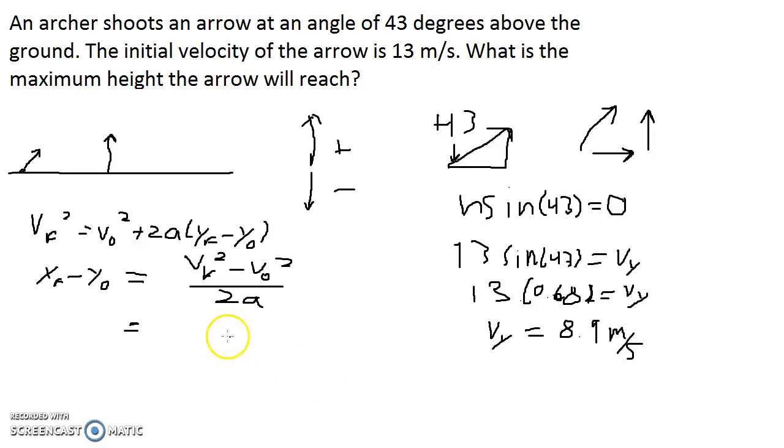So we're going to have 0 squared minus the initial velocity squared. Now this will be the y component of this velocity here, 8.9 meters per second, the quantity squared, over 2 times the acceleration.